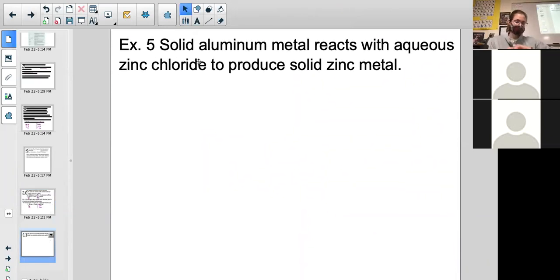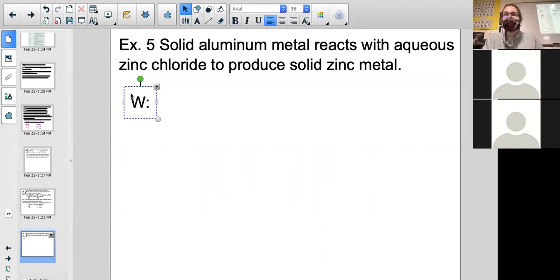All right, the final sample problem. Solid aluminum metal reacts with aqueous zinc chloride to produce solid zinc metal. We'll start with the word equation. It looks like we're starting with aluminum. What does aluminum react with?